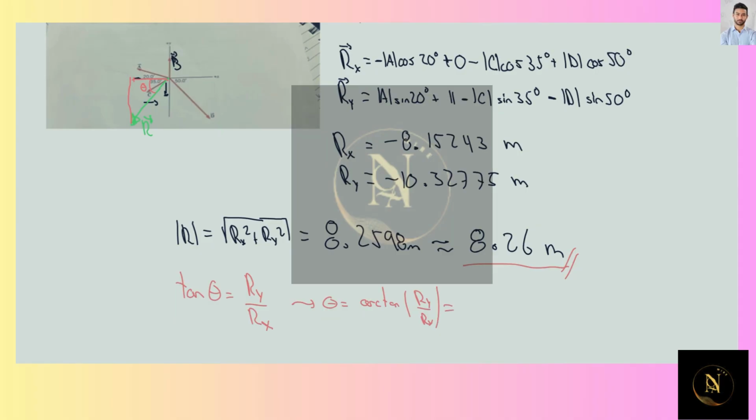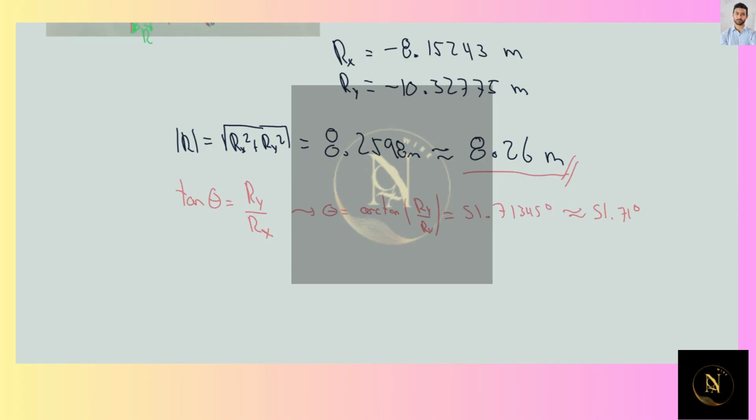Which is going to be 51.71 degrees. Let me put the full answer and then we are going to round up: 51.71345 degrees. And we can round it up as 51.71 degrees, up to 4 significant figures, or 51.7 degrees.